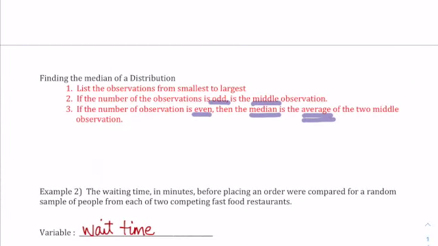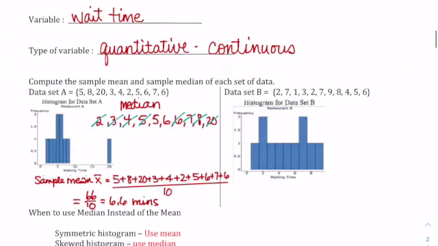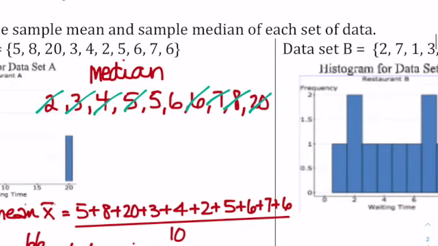If the number of observations is even, which is 10, then the median is the average of the two middle observations. So in this case, there are 10 of them. To find the median, you are going to take the middle two, which is right here. Okay, and you are going to make sure you add them together and divide by 2.